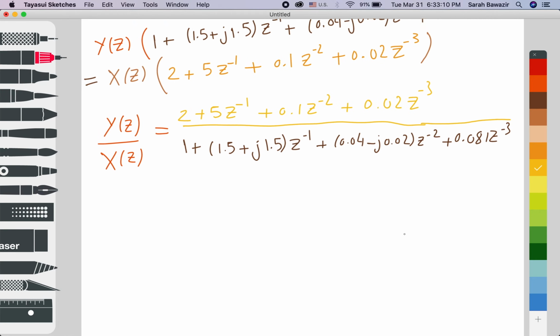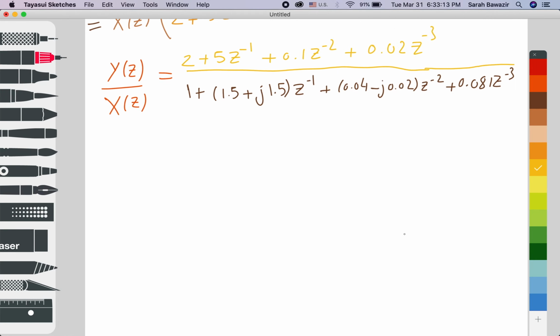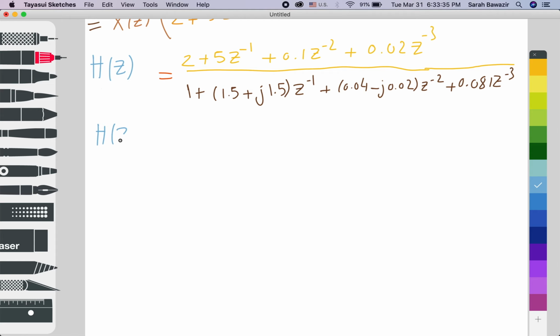So this is our transfer function, H(z). Y(z) over X(z) is H(z). So generally, to generalize this, H(z) is expressed as two polynomials, a numerator polynomial and a denominator polynomial.